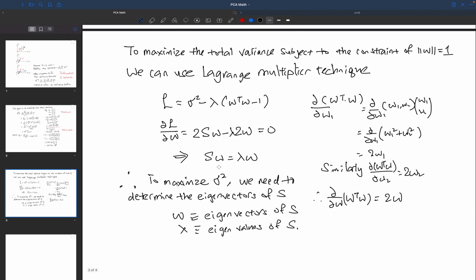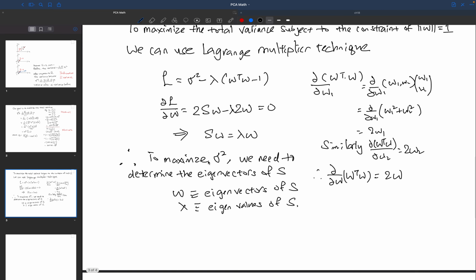This final expression shows that w is an eigenvector of this covariance matrix, and this Lagrange multiplier is the eigenvalue of this covariance matrix. So in order to maximize the variance after projection, we need to find the eigenvectors and eigenvalues of the covariance matrix.